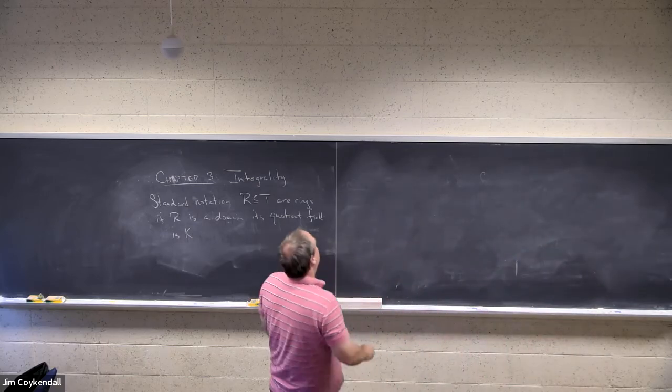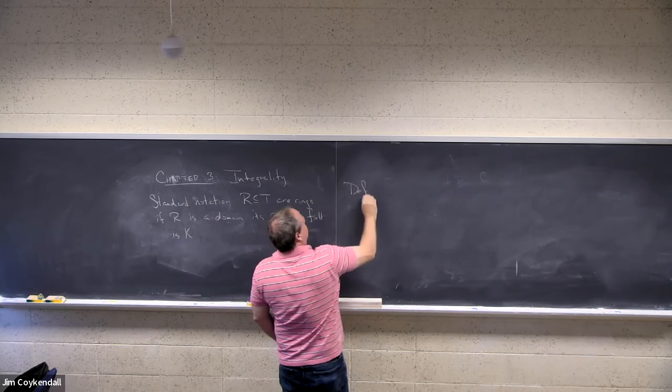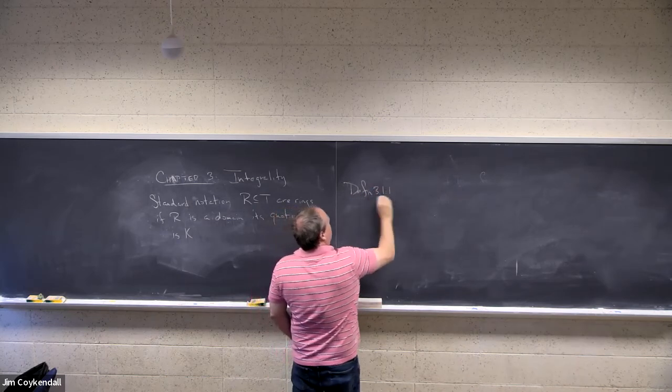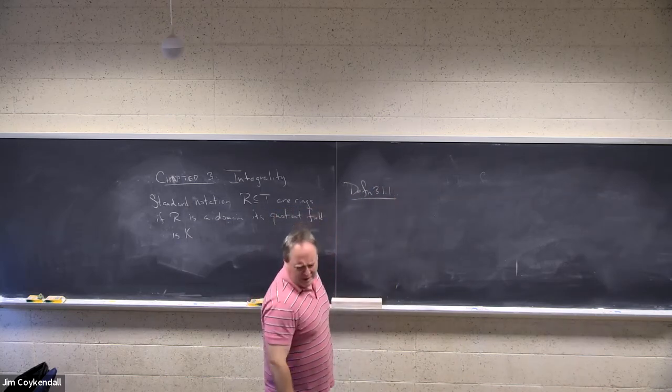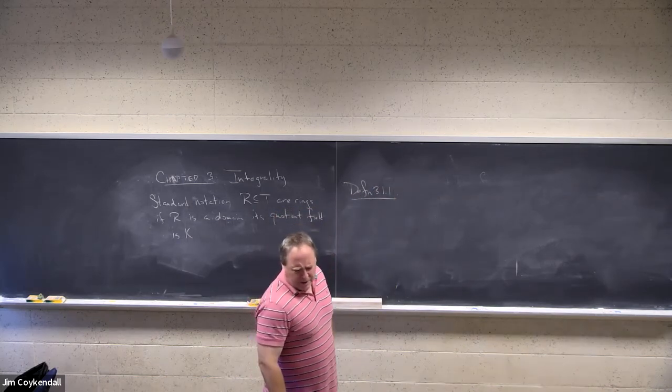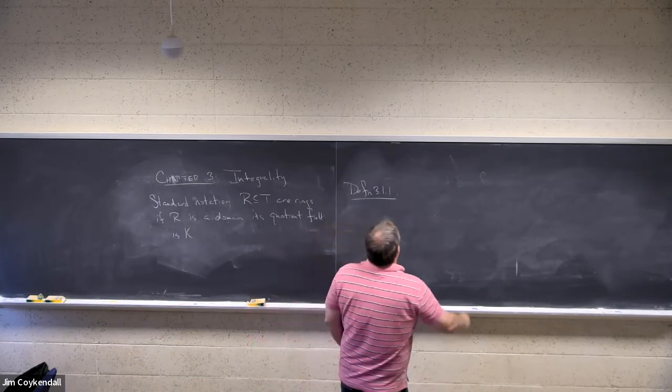Definition 3.1. Let R be commutative and T be an R-algebra.